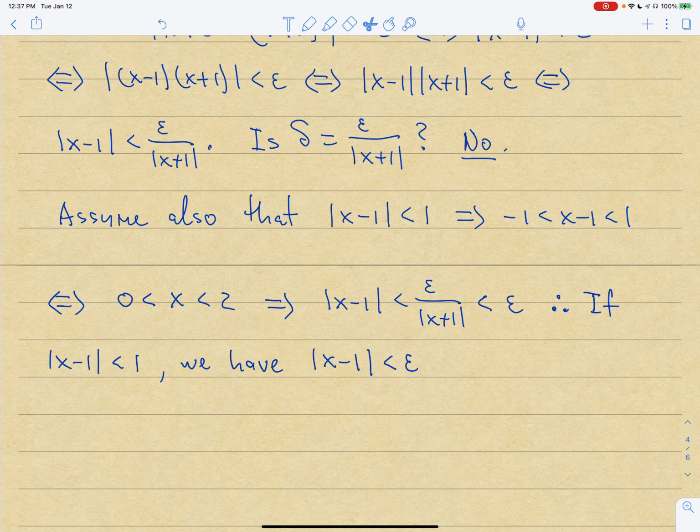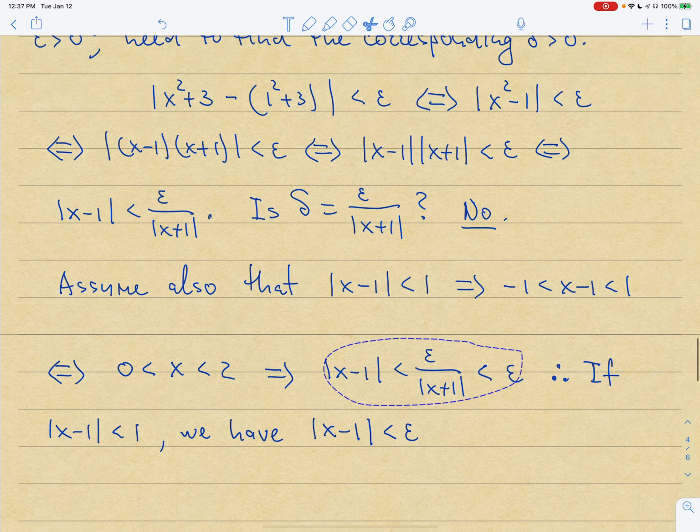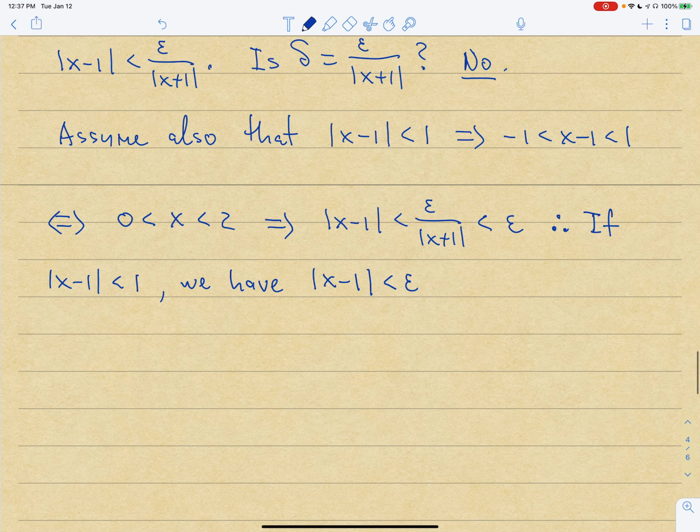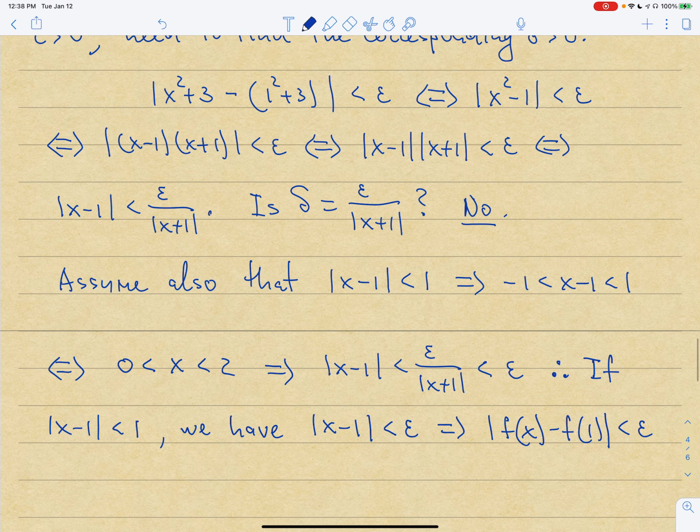So if this is less than epsilon, then I can follow the chain of inequalities over here backwards. And I have this inequality. So this would imply that |f of x minus f of 1| is less than epsilon. Okay?